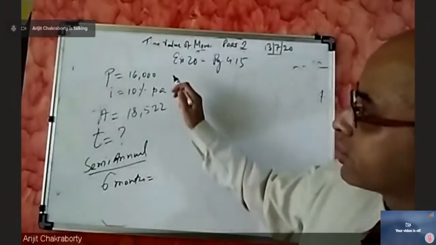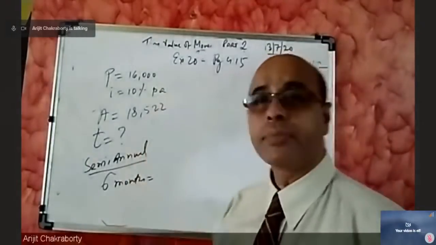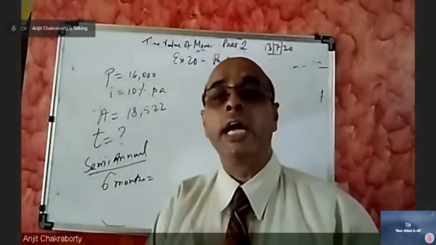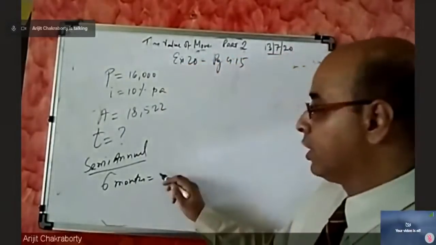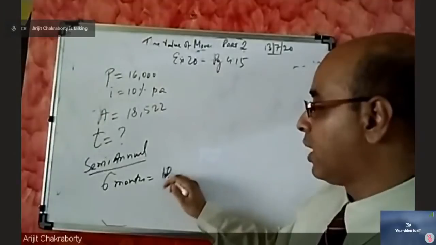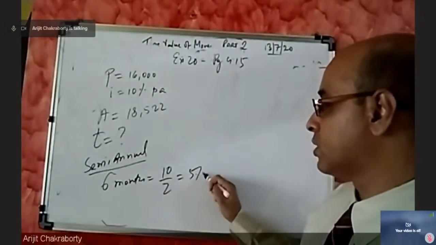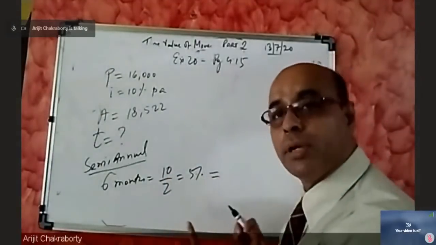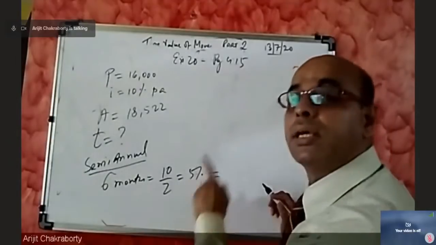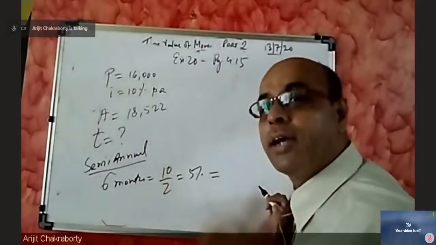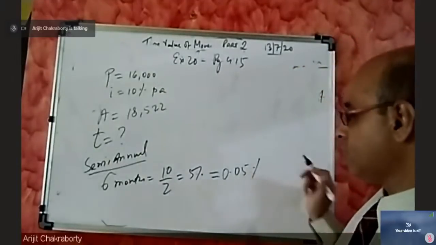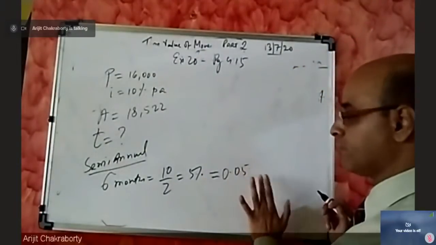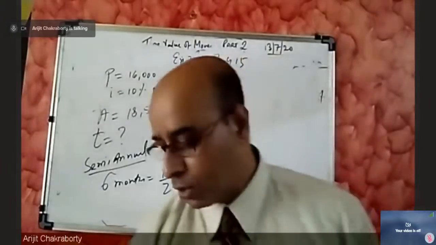If the interest is 10% per annum, 10% for 12 months, then for 6 months it is 10 by 2, that is 5%. I hope you are clear. 5% means 0.05 in decimal. So this much we know.